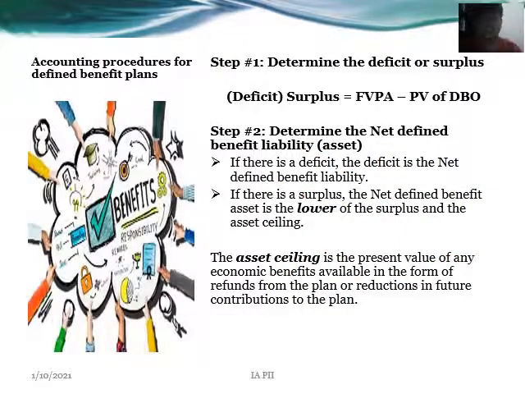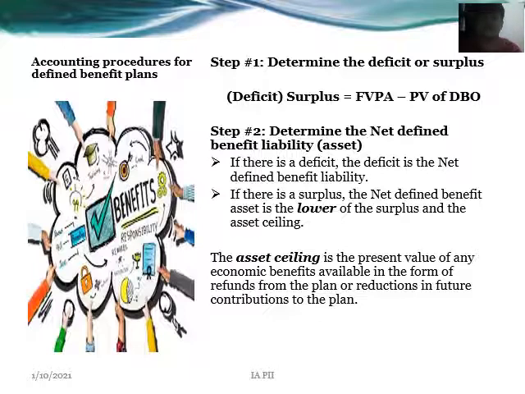Accounting procedures for defined benefit plan. So, there is a step-by-step procedure here. Step number 1 is to determine the deficit or the surplus. Deficit if negative, surplus if positive, meaning it exceeded. And the deficit and surplus is simply determined by comparing the present value of plan assets and the present value of defined benefit obligation.